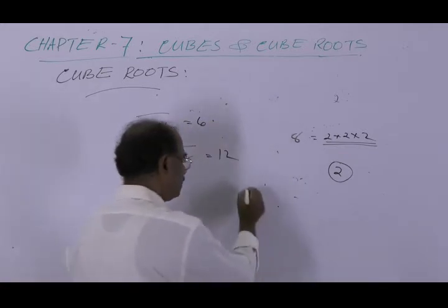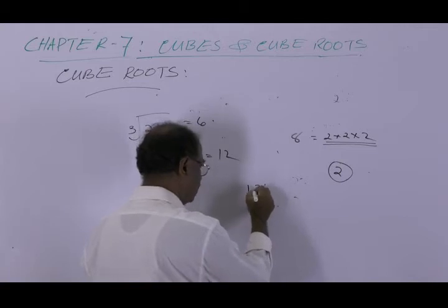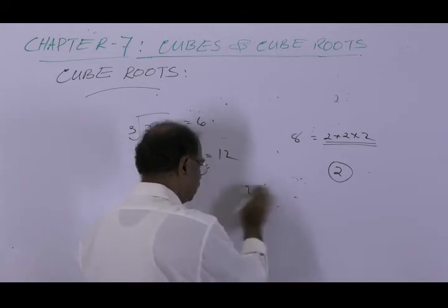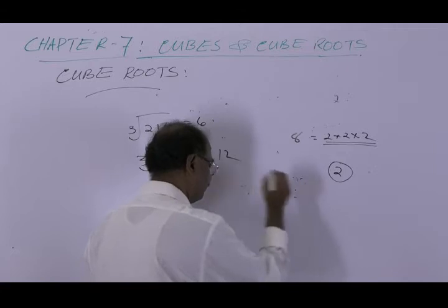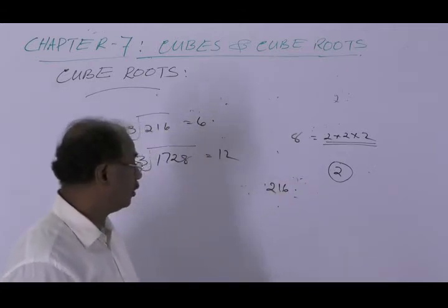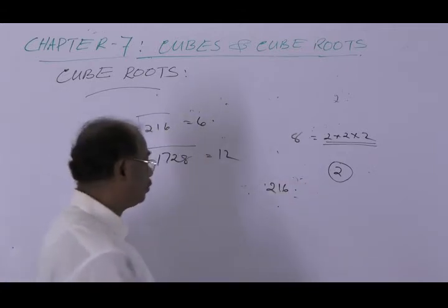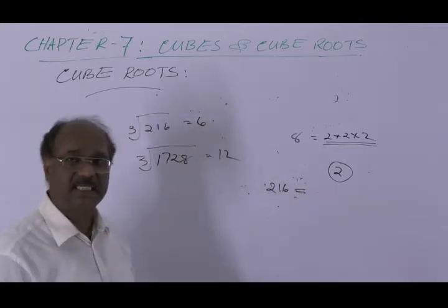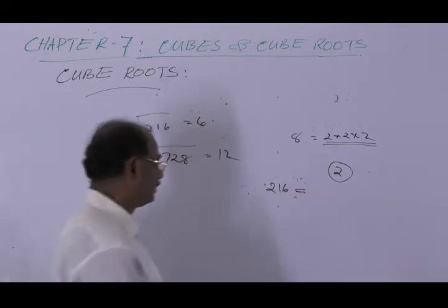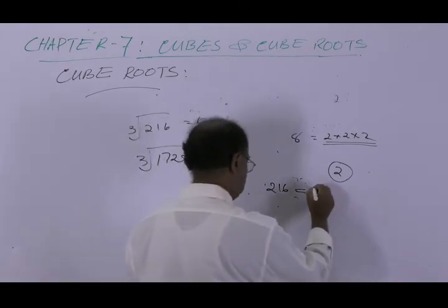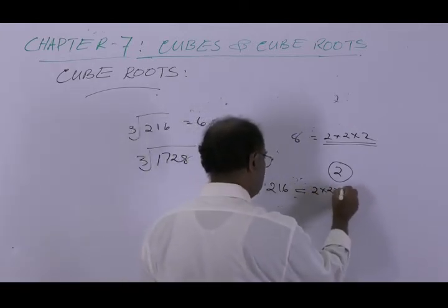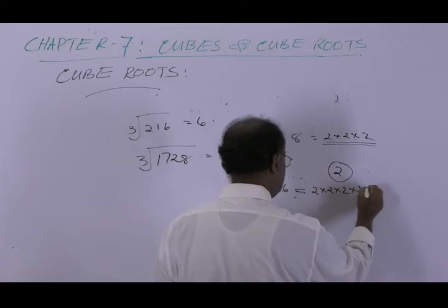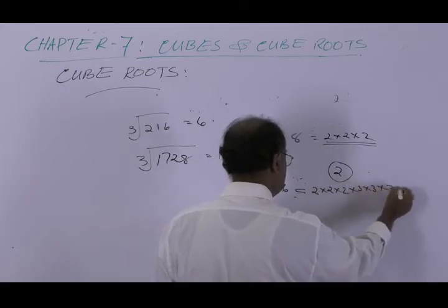Now consider this 216. When prime factorization is done, we get 2 into 2 into 2 into 3 into 3 into 3.